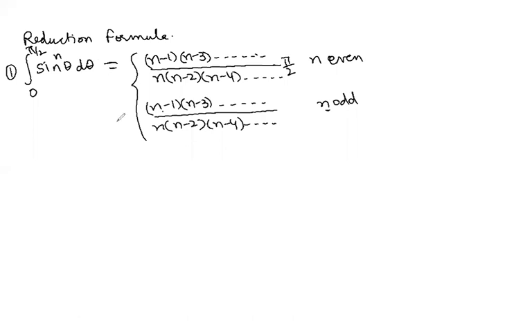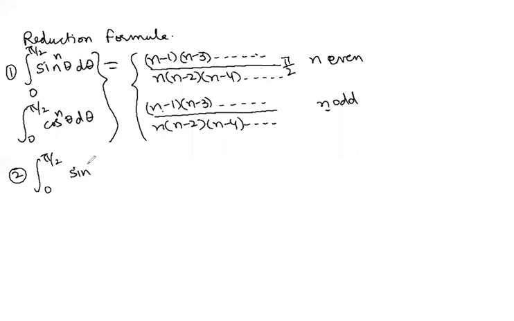And the formula is the same for the integral 0 to pi by 2 cos theta to the power n d theta. Okay, now I will take the formula for both of these, the product of these terms. It is sin theta to the power m cos theta to the power n d theta.